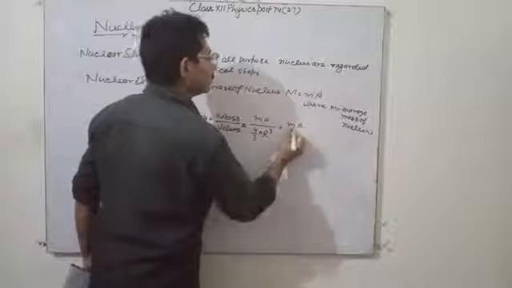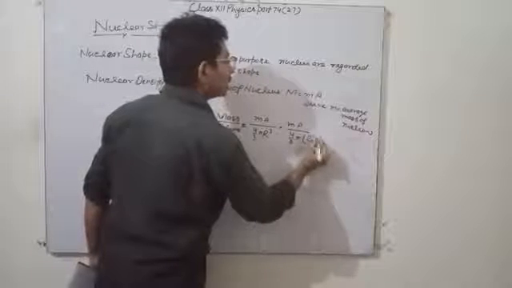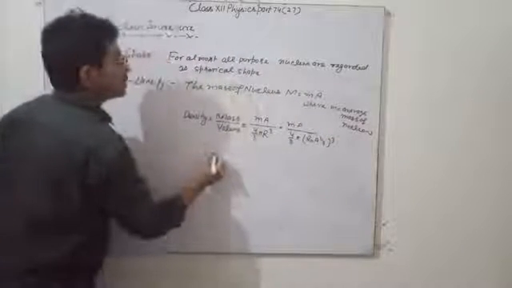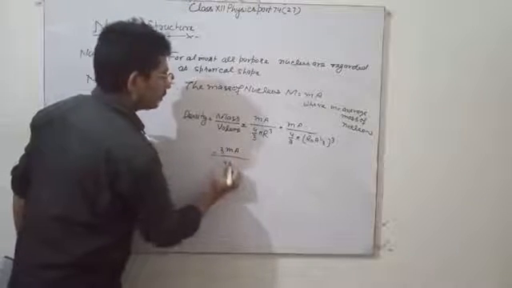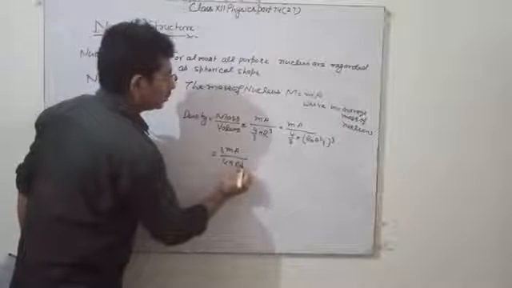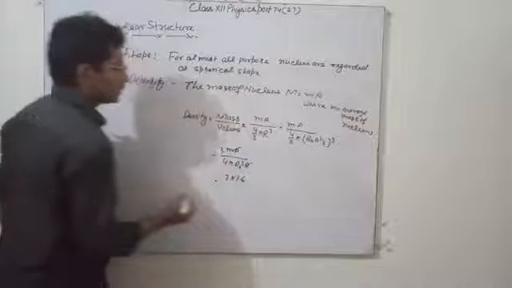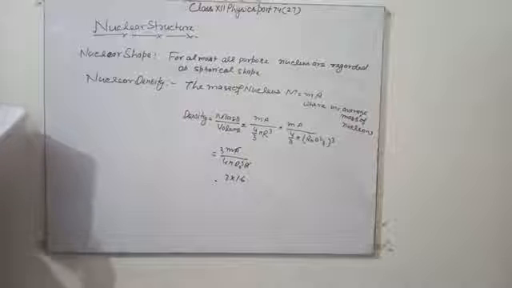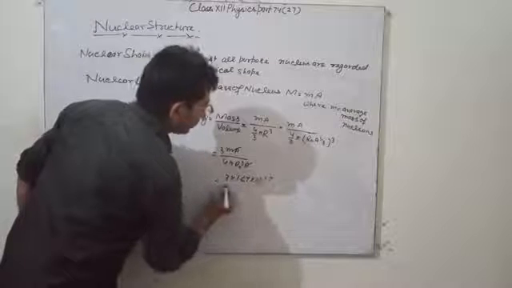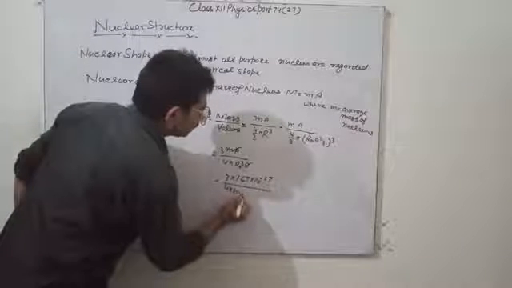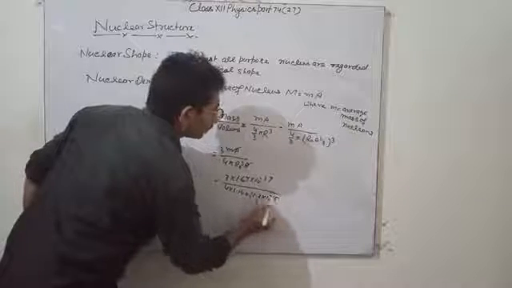Here r equals r naught A power 1 by 3, so density equals 3mA upon 4 pi r naught cube A, and A cancels. This gives 3 into 1.67 into 10 power minus 27 upon 4 into 3.14 into (1.2 into 10 power minus 15) cube.